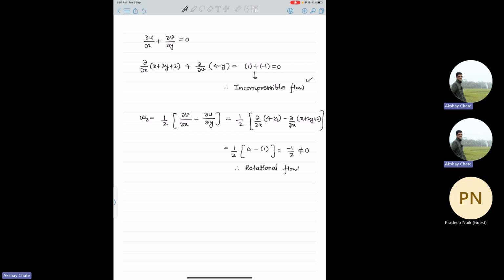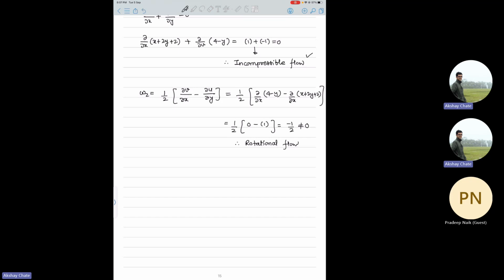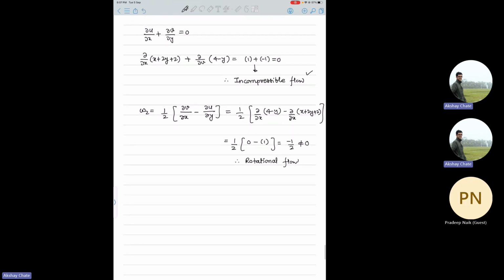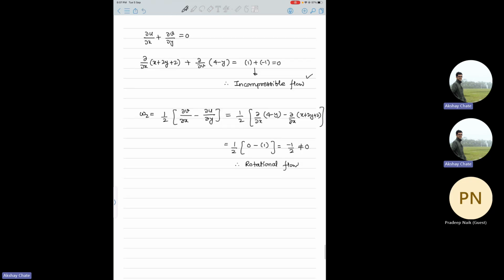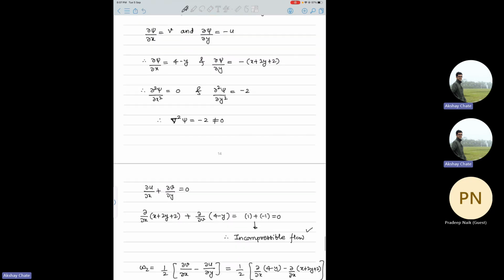Yeah, I understood. So maybe this is actually a good thing that came out. So it is a rotational flow and incompressible flow, and since it satisfies this, this is not equal to 0, right?